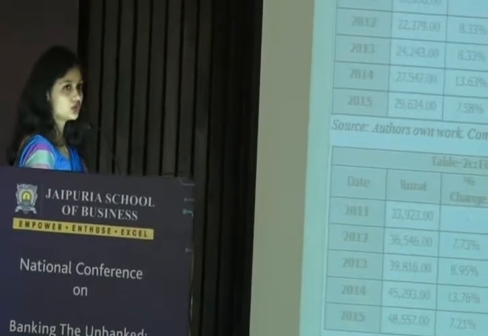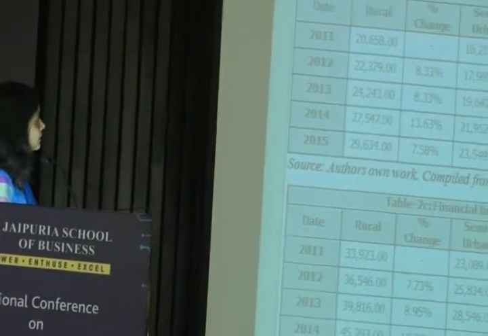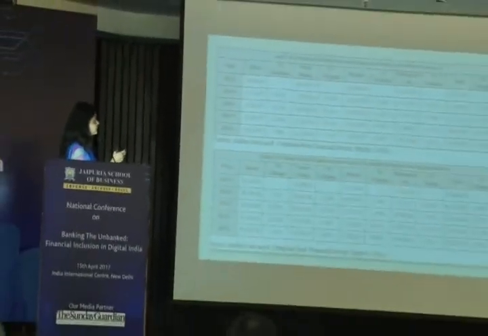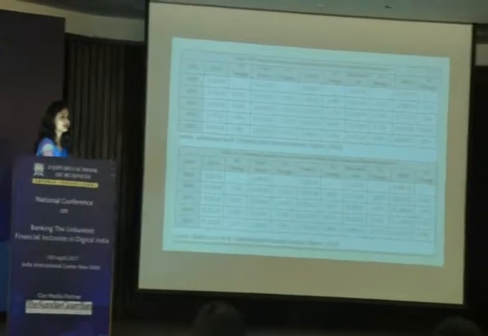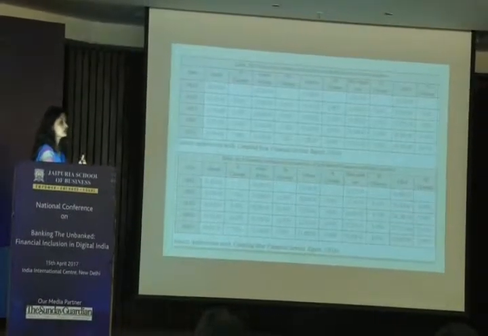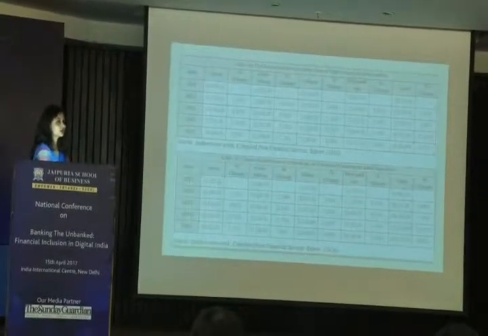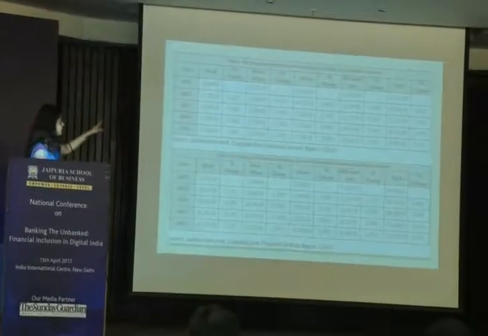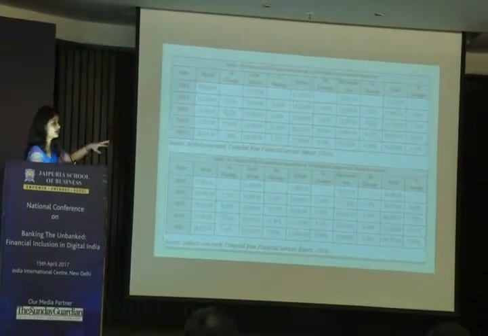Next, these 2 tables show financial inclusion in terms of the number of public sector bank branches and the number of scheduled commercial bank branches. We have also prepared a year-on-year table and done a rural, semi-urban, urban and metropolitan based study.